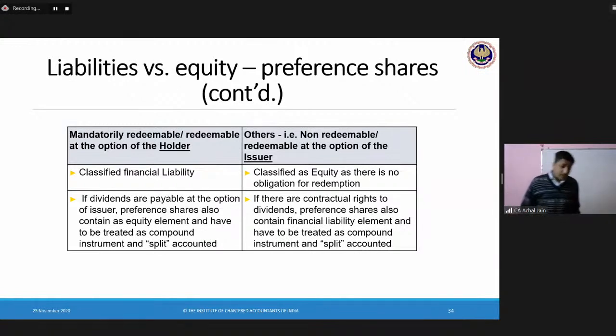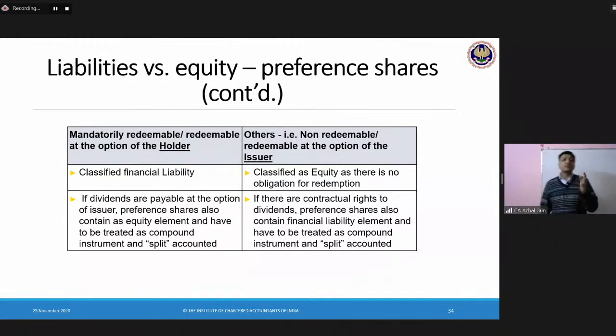Now, if you look at the screen, it gives you a couple of tables. The first table talks about mandatorily redeemable preference shares or preference shares redeemable at the option of the holder. The second talks about non-redeemable preference shares or preference shares redeemable at the option of the issuer.